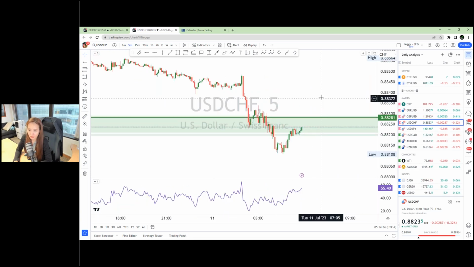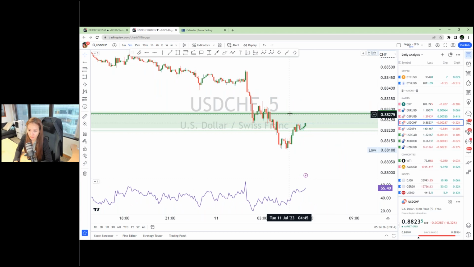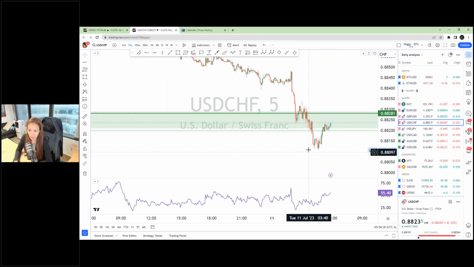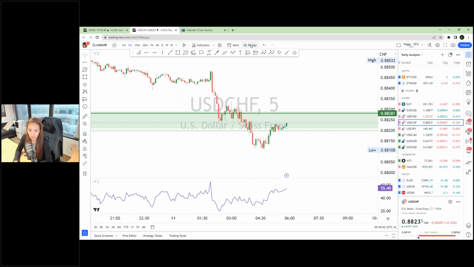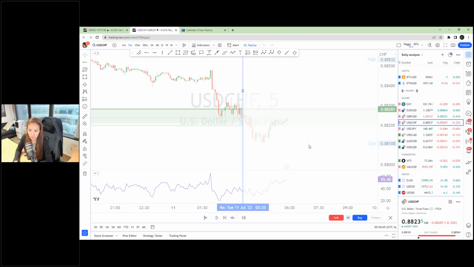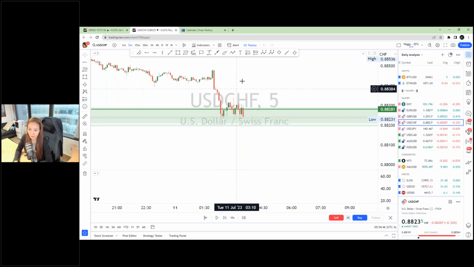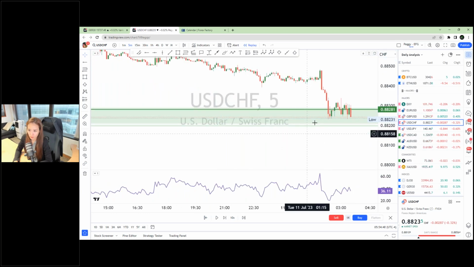I did not enter when the price was at this level, because I saw the price was still coming down. If I look at this candle here, even though price is at our support, you can see the price is still making lower moves. So I wait.